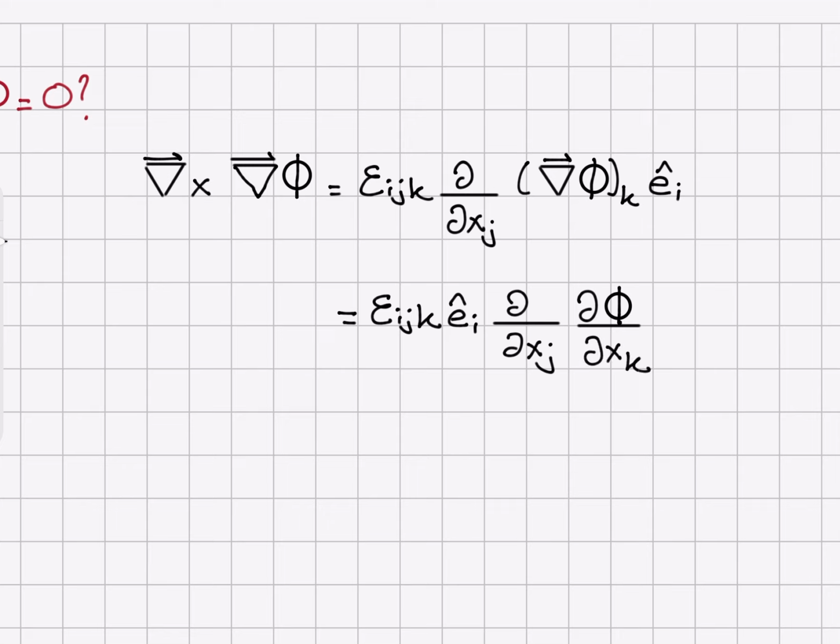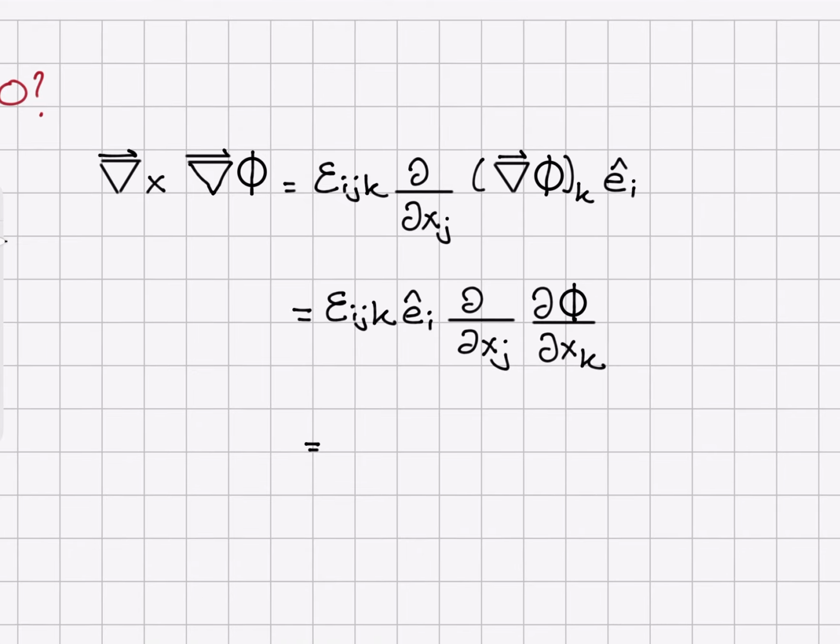And at this moment, I'm going to switch the positions of j and k, or actually rename j as k and k as j. So ikj ei hat.